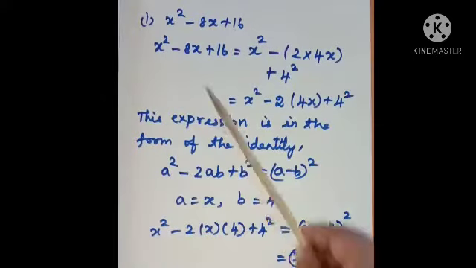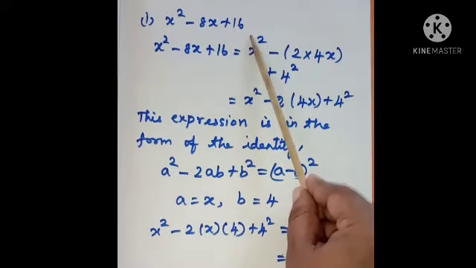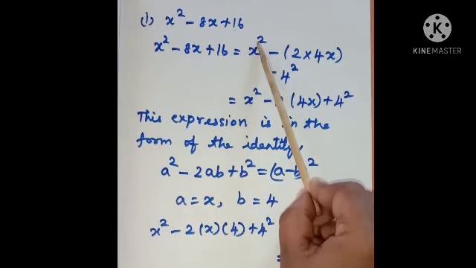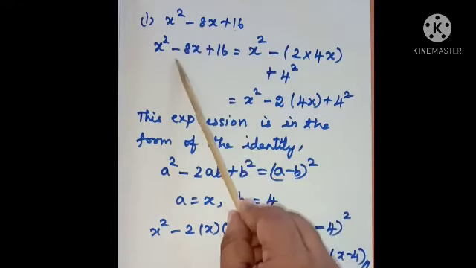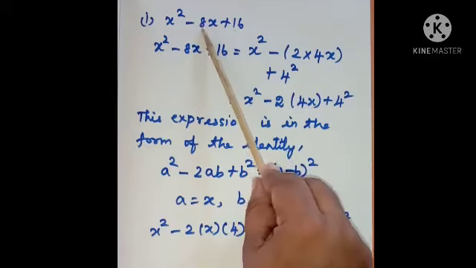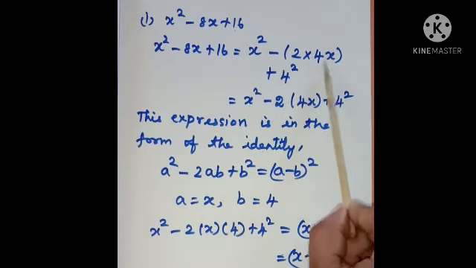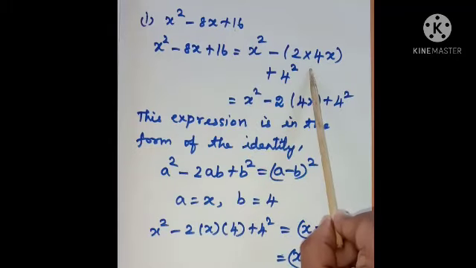Children, listen carefully. x squared minus 8x plus 16. So here we are going to factorize the given expression by using a suitable identity. First, let us find the identity. So now x squared minus, here 8 can be written as 2 into 4, isn't it? 2 into 4x plus 16 can be written as 4 square.